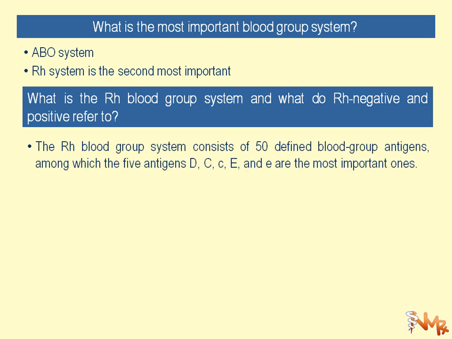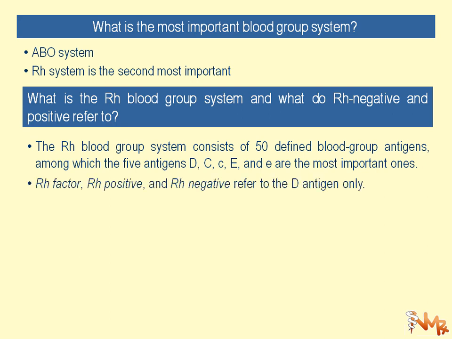The RH system consists of 50 defined blood group antigens, among which the 5 antigens of D, capital C, small c, and capital E and small e are by far the most important ones. RH factor, RH positive, and RH negative practically refer to D antigen only, capital D antigen only.